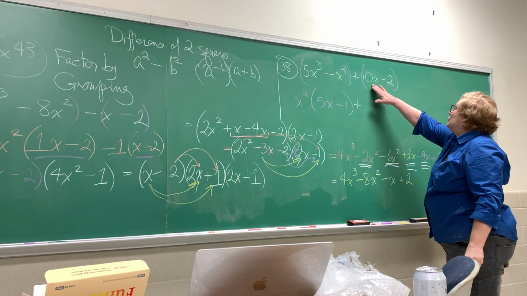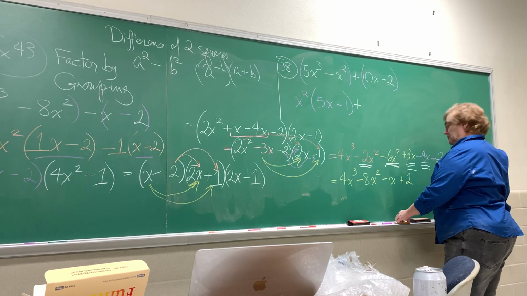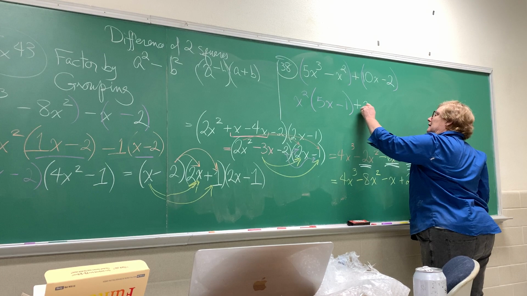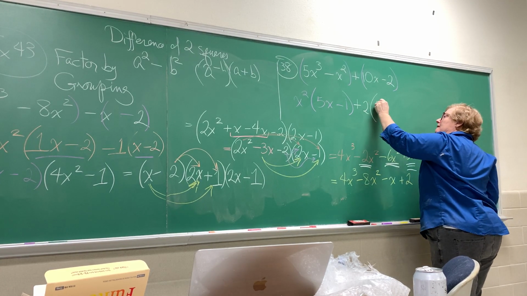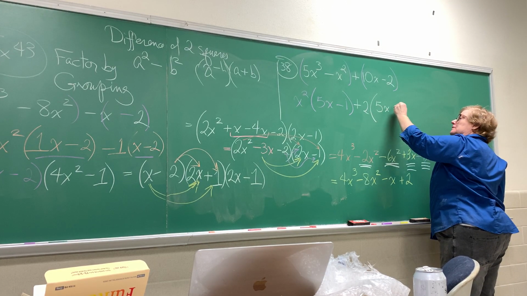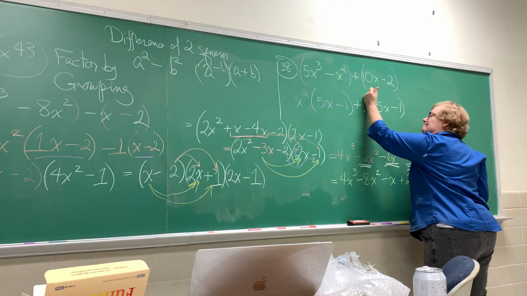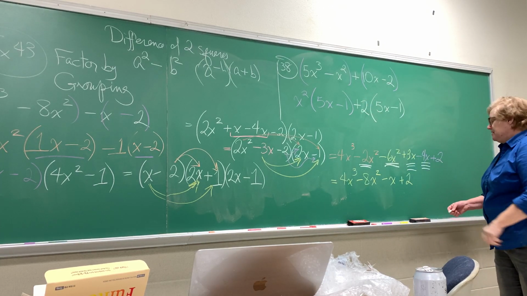And then we've got plus, what's common between 10x and negative 2? 10 divided by 2, and negative 2 divided by 2, negative 1. Are we happy?